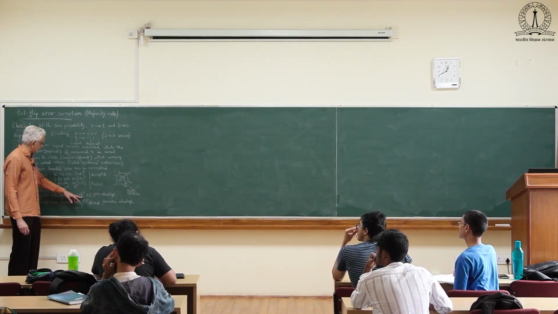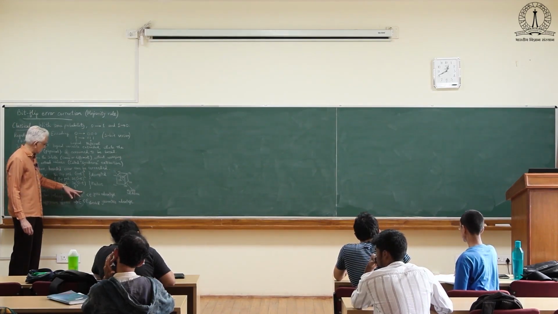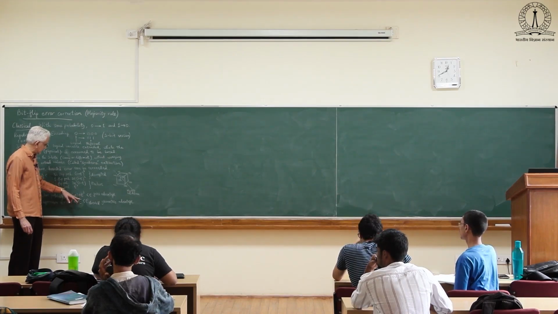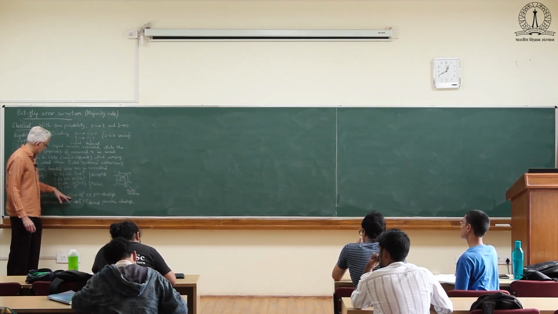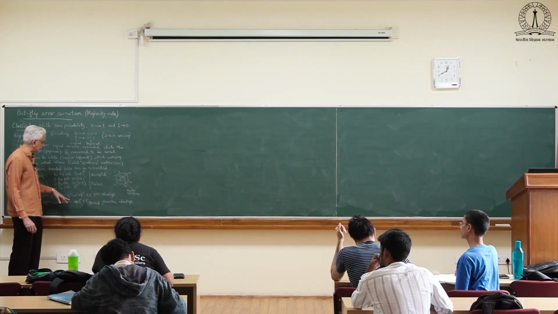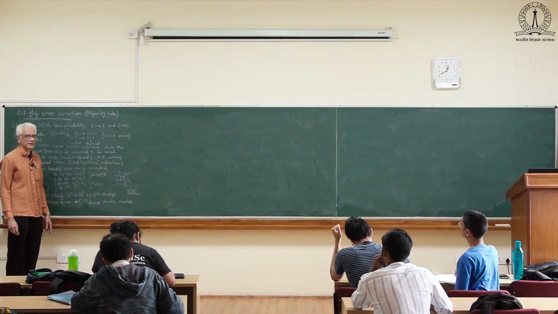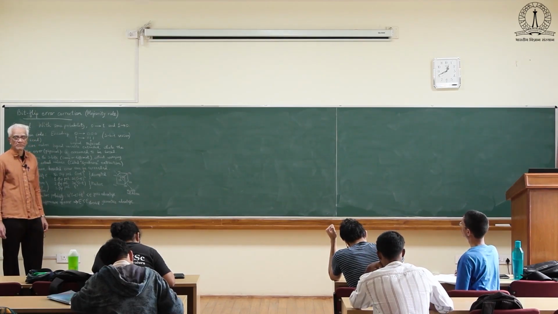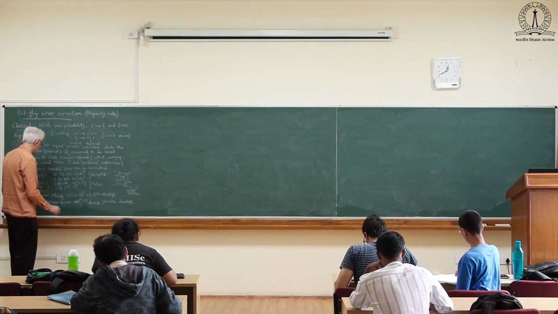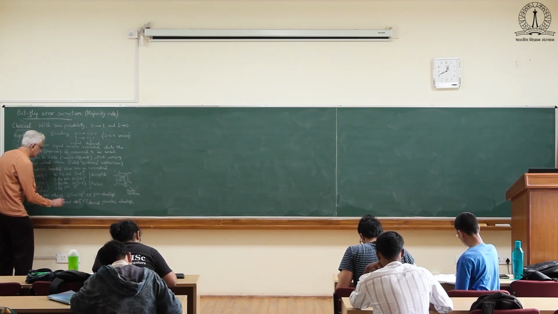So if you calculate over here, this is 1 over 8. This is also 1 over 8, but there is a 3 in front, so 3 by 8 plus 1 over 8, which gives half, and that is the other side of the equation.